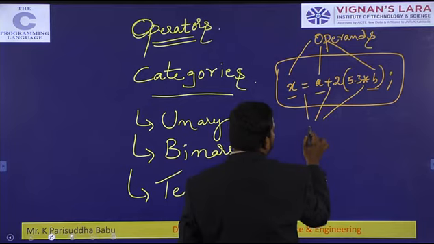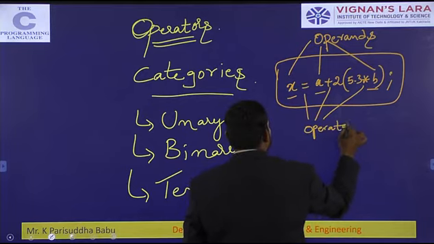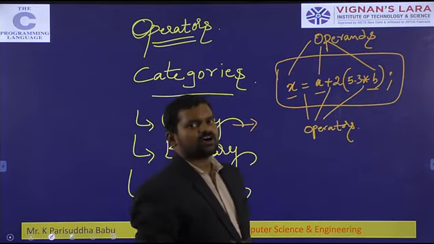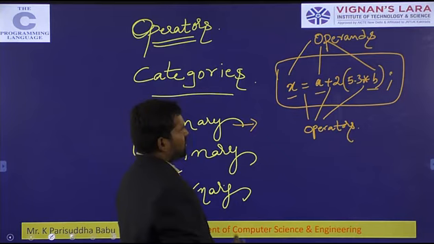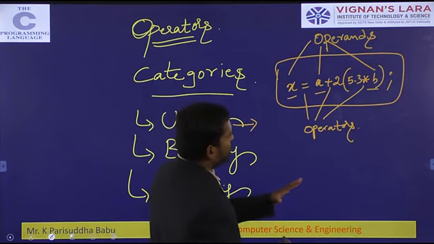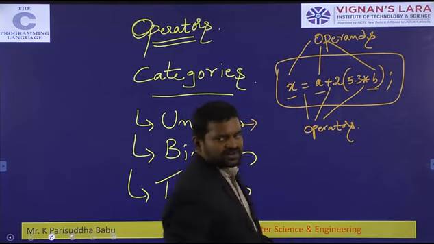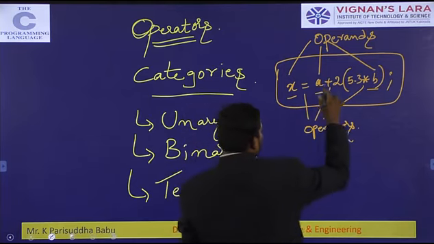What else is available in an expression other than operands and operators?